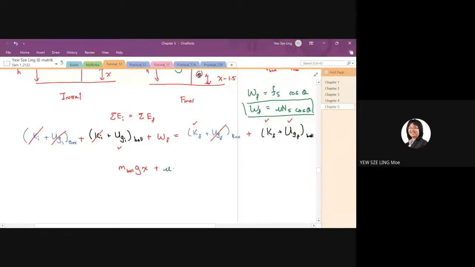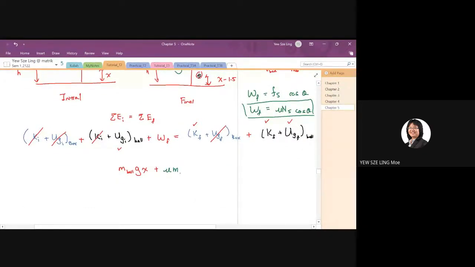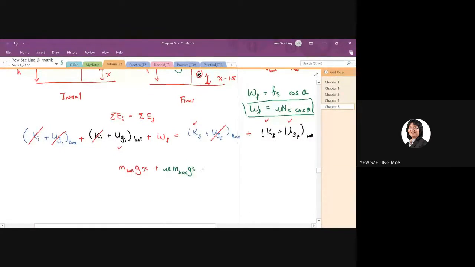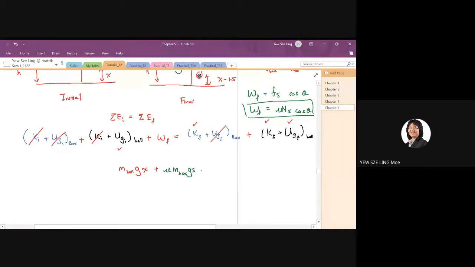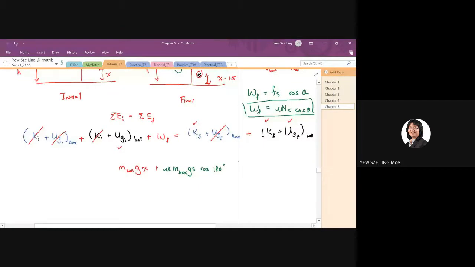So mu m box g s, mu m box g x, and then times cos 180 degree.